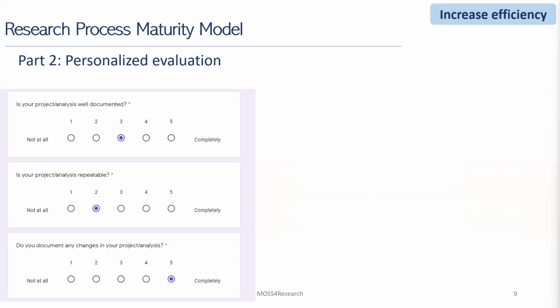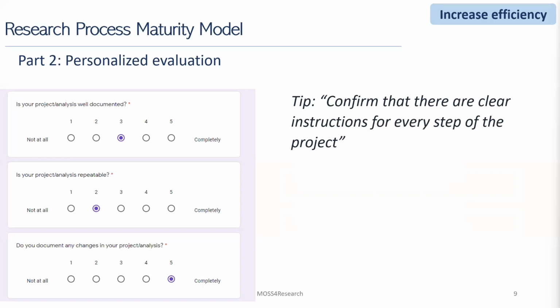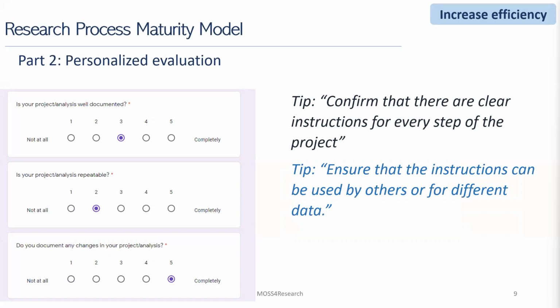An example here, if documentation was scored 3 out of 5, we recommend that every step of the project should have a set of instructions recorded and associated with it. A second example, if the repeatability of the project was scored 2 out of 5, the recommendation was to ensure that all instructions can be used by others or for different data. And if we have a score of 4 or 5, everything is okay, so we don't provide any specific recommendations.